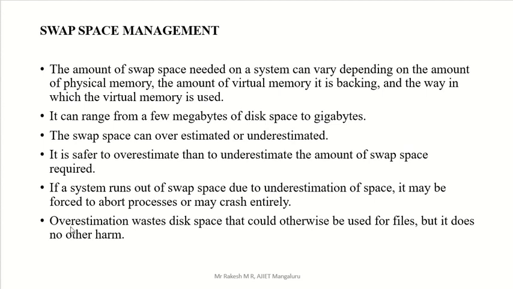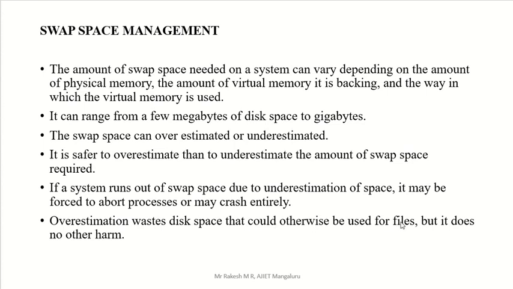So better is overestimation. What is the problem in overestimation? There is a problem: waste. With overestimation, you are keeping a lot of space for swapping purposes. Overestimation wastes disk space that could otherwise be used for files.